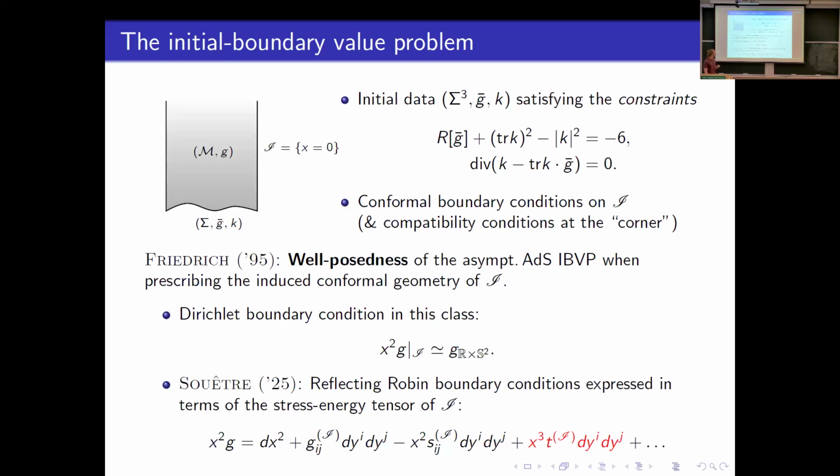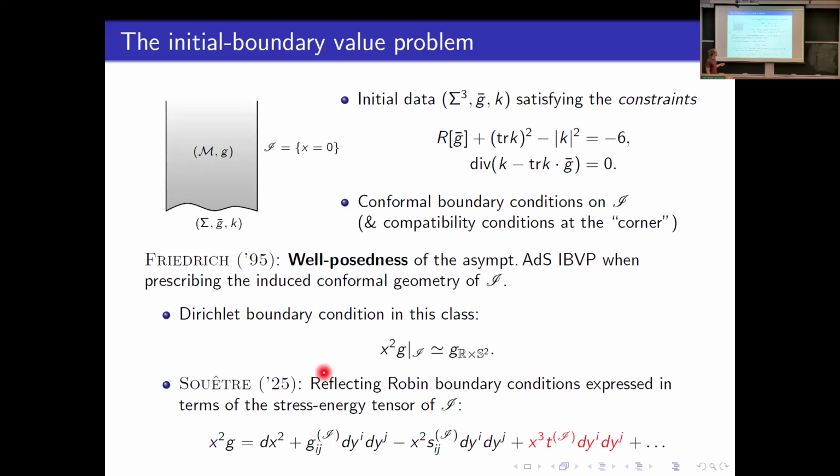Well-posedness was first shown by Friedrich, as already explained by Olivier, who set up the initial boundary value problem by specifying initial data on a spacelike hypersurface going all the way to the asymptotic boundary, and then at the boundary, imposing as boundary conditions the intrinsic conformal geometry of the boundary. Within this class of boundary data considered by Friedrich, there is a unique reflecting boundary condition, and reflecting boundary conditions are the ones we're going to consider in this talk, so we can impose some confinement on the evolution and see turbulent effects appearing.